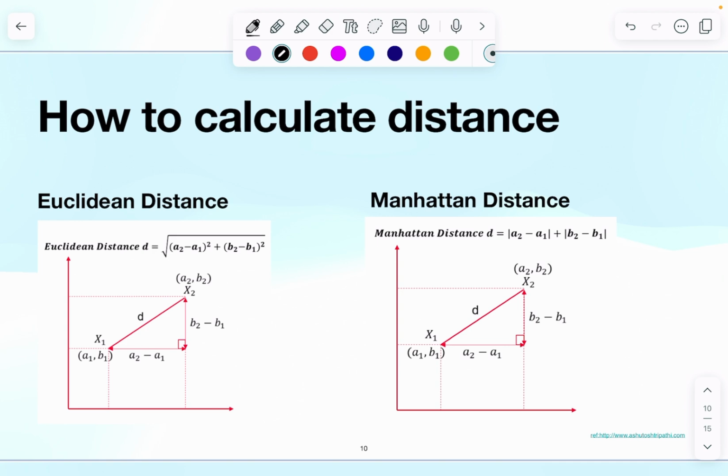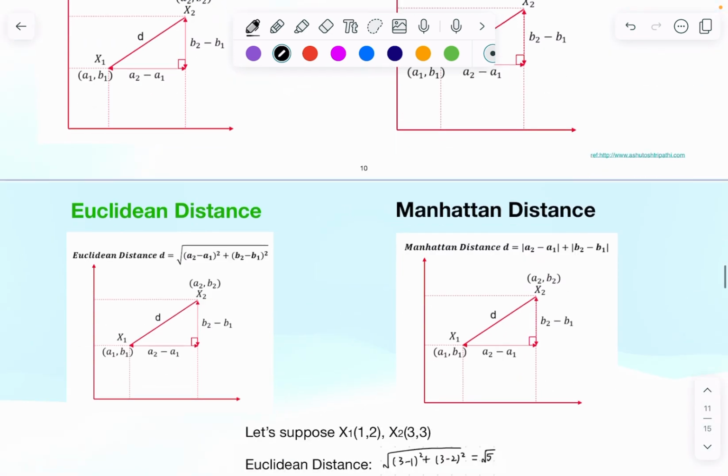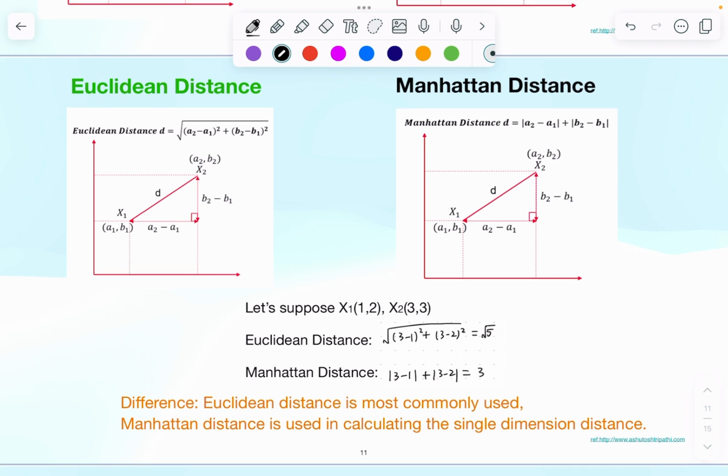The answer is we have 2 ways to calculate them. The first one is the Euclidean distance. We subtract the corresponding coordinates and then square them, sum them up, and take the square root. And the second one is the Manhattan distance. We calculate the absolute value for each coordinate difference and then sum them up. So here is the example for 2 points, x1 and x2.